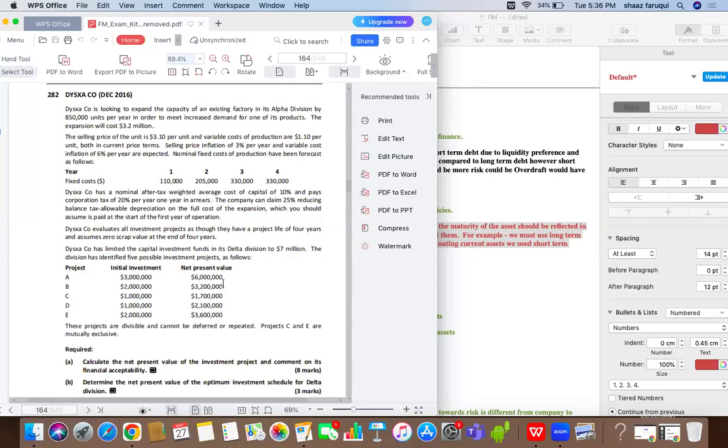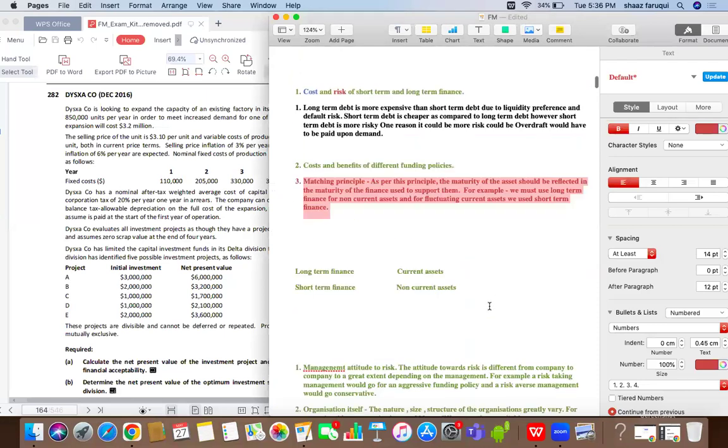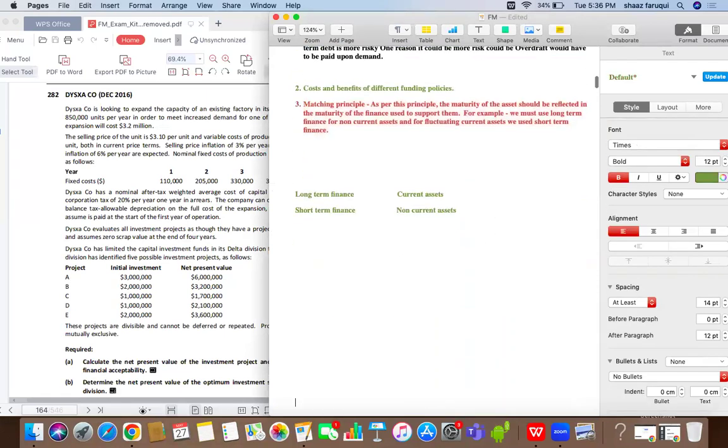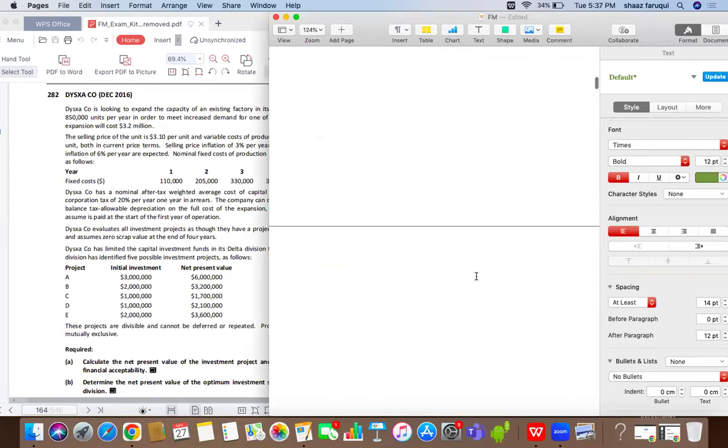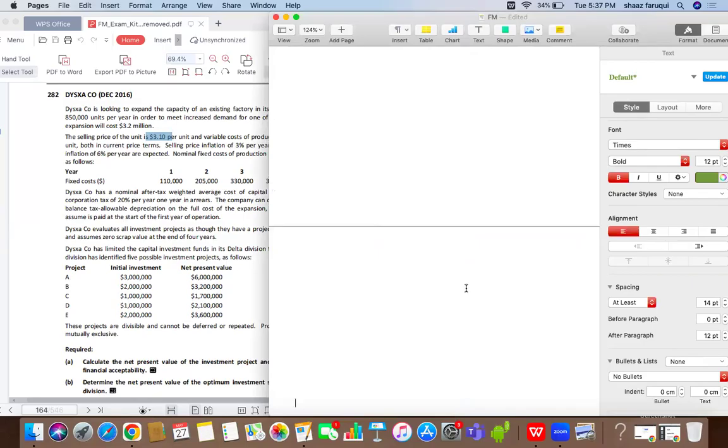So let's get at it, okay? Again, there is a lot of calculation involved in this question. See, you are selling for how much? Your revenue is 3.1 per unit.